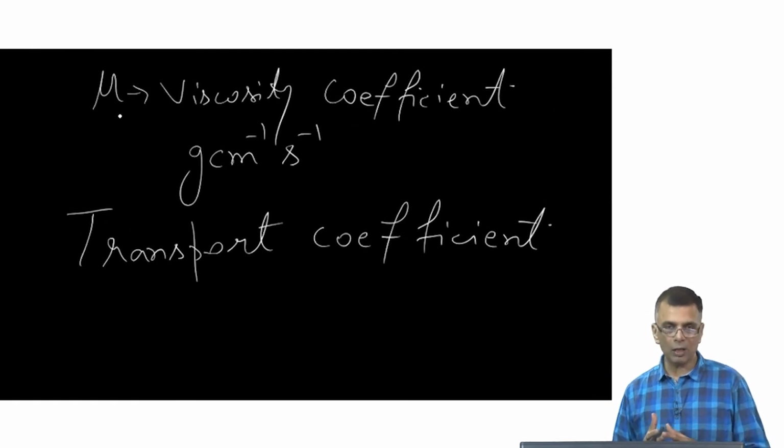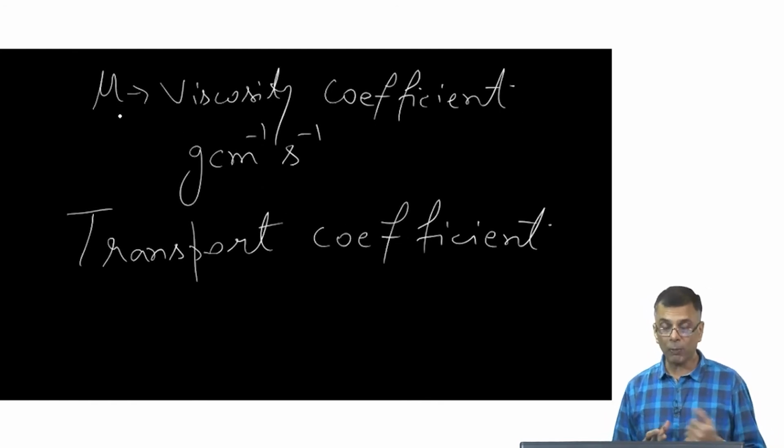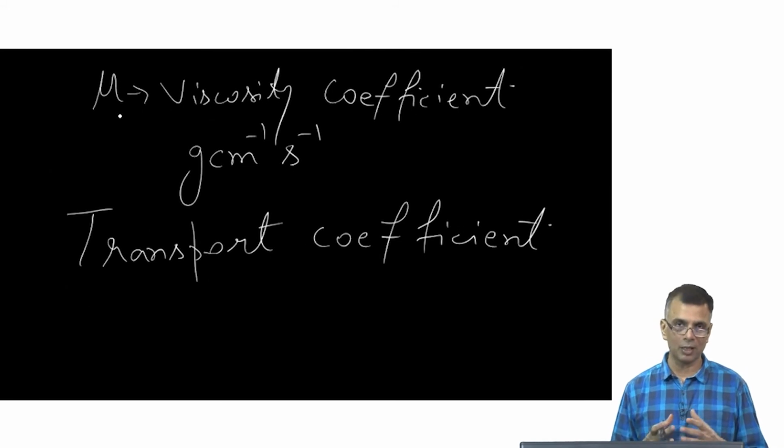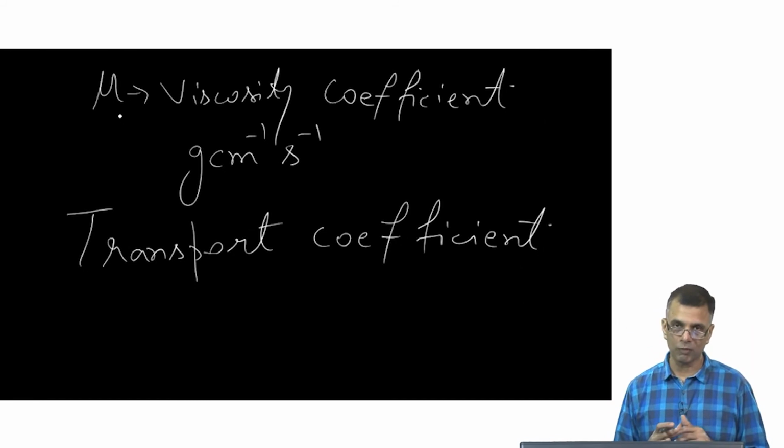Now, we talked about how transport coefficients, well, how bulk properties like density or velocity or some things like this are derived from microscopics towards the very beginning of the course.